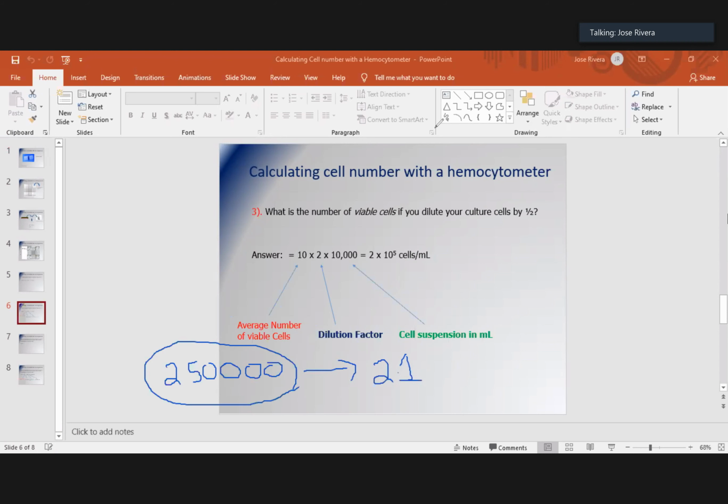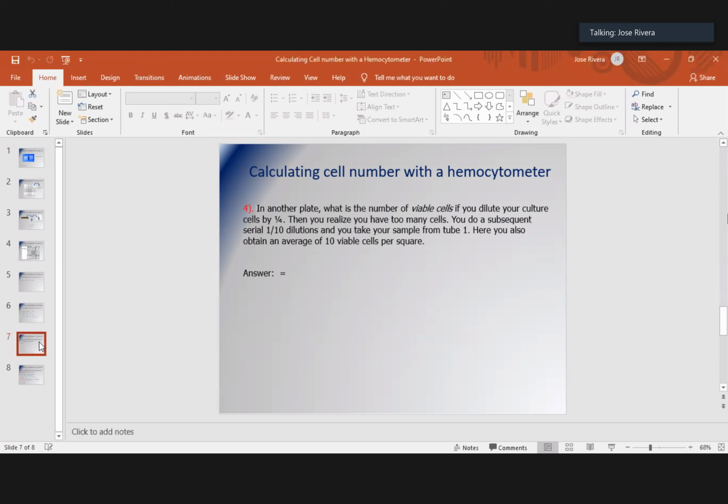Because if you win the lottery and they offer you 200,000 or 220,000, you're going to pick the 220,000, because it is a bigger number. So it's the same thing here. It is a whole number. But if you only have a few cells, it's not. You don't have 2.5 cells. Okay, so now let's have another example.